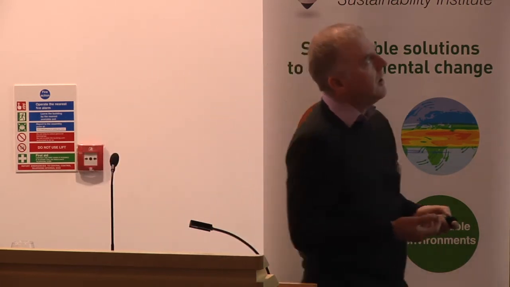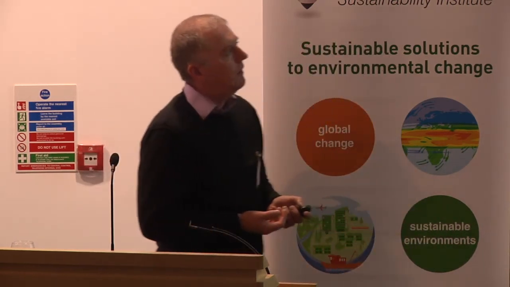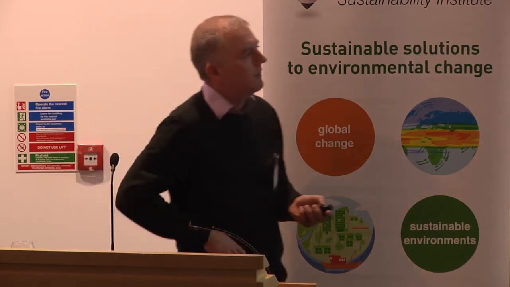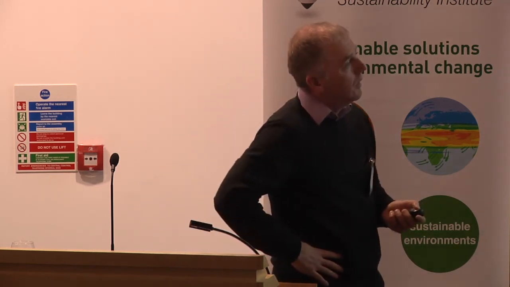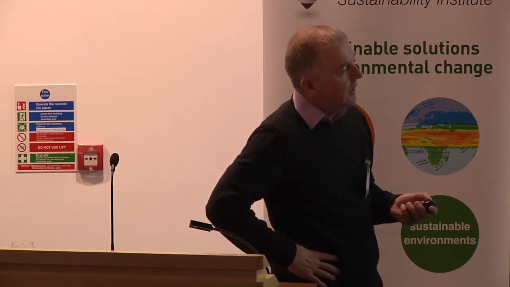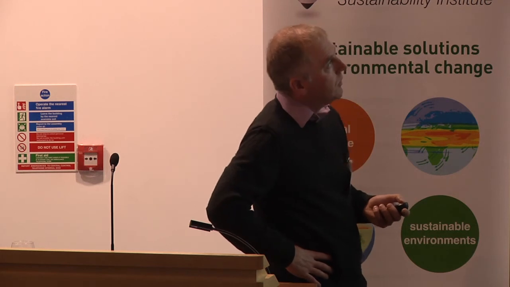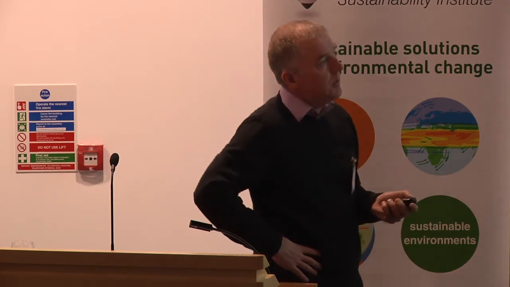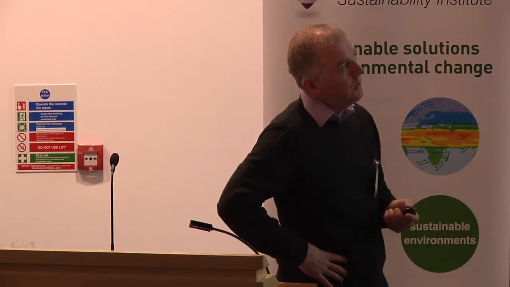So this is the global area of biotech crops going from 1996 to 2011. It's now 160 million hectares. And in 2011, for the first time, the amount grown in developing world countries is the same as in industrial world countries. So it's about 80 million in each.